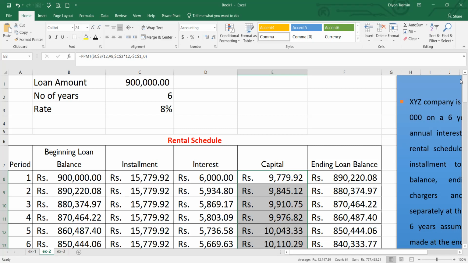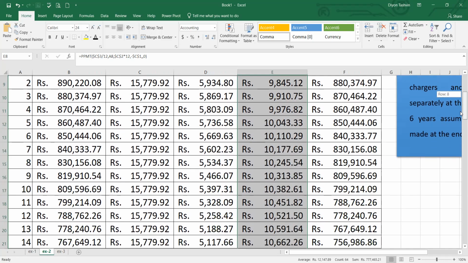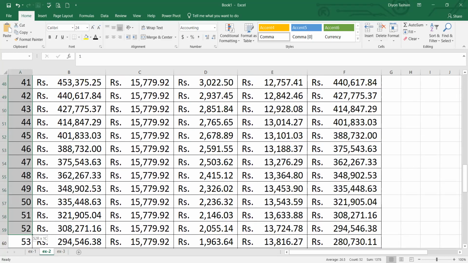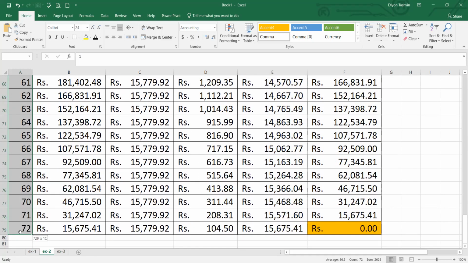That's why they are charging a higher amount in the earlier periods. So now, let's draw a graph to identify these differences. We can select the periods up to 72.